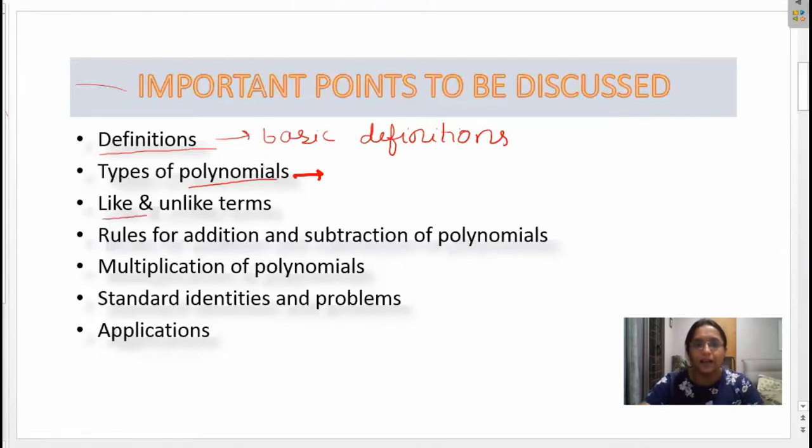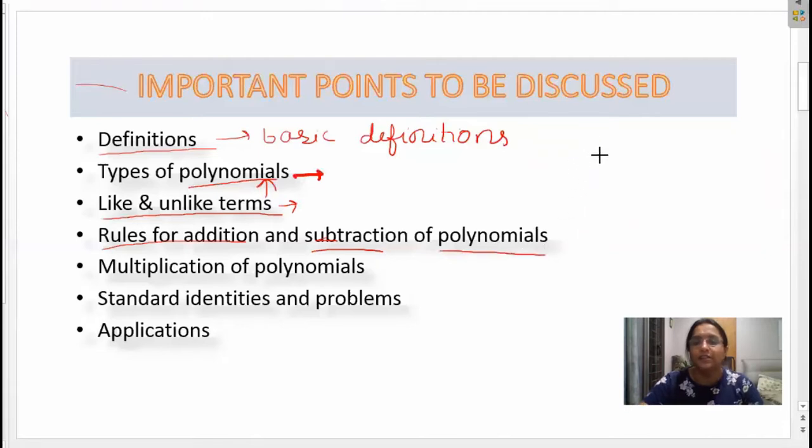Next, like and unlike terms. Terms will be part of this polynomial, and when those terms are said to be like and unlike, that will be studied. Next is rules for addition and subtraction of polynomials.